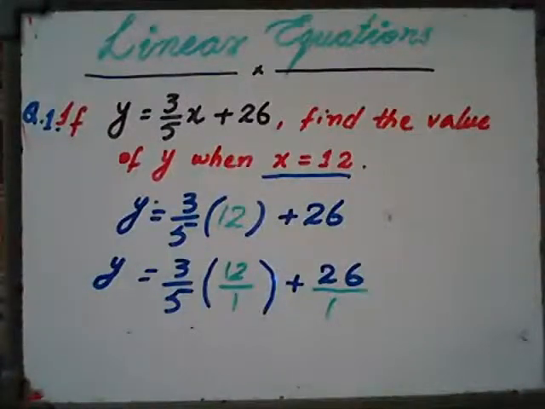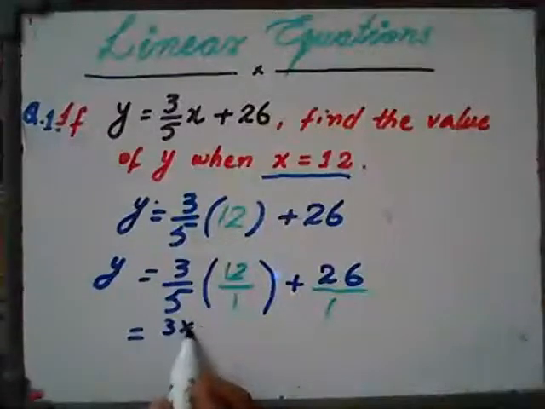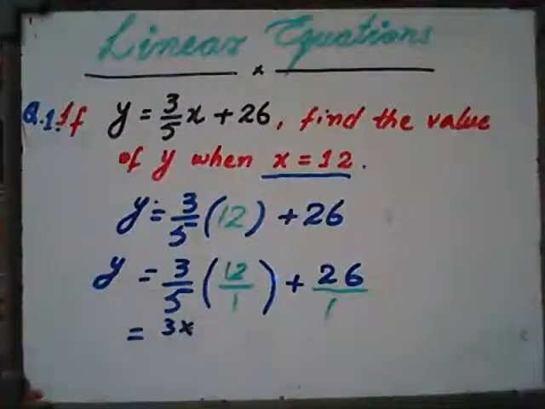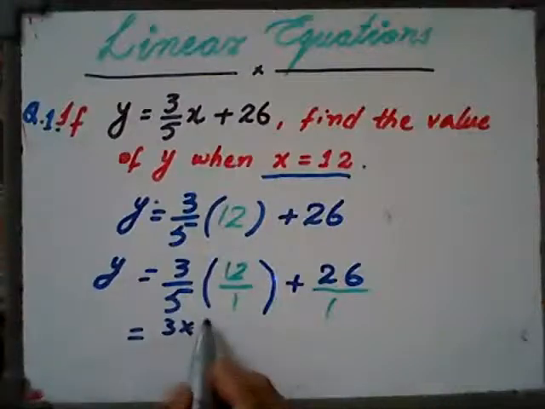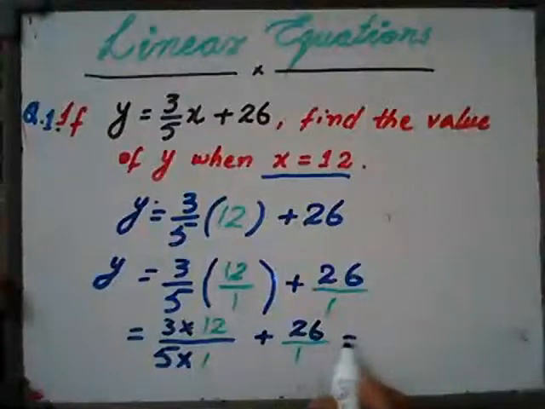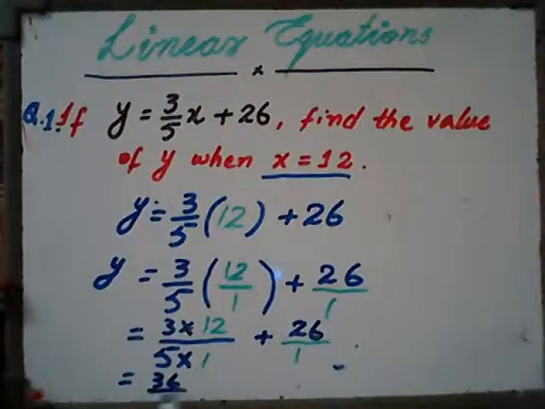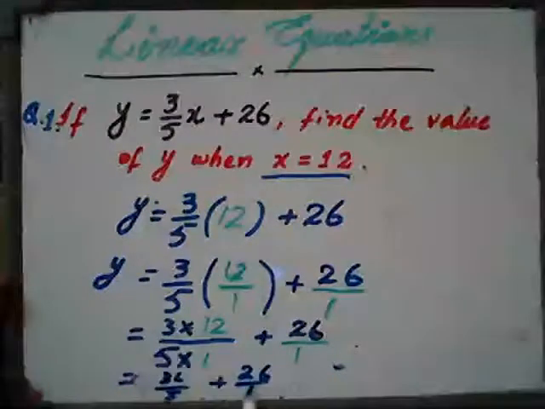So now, how will we solve? We'll be putting the values, multiplying the values. It will give us 3 multiplied by 12, because the bracket means multiply. 3 multiplied by 12, and 12 threes are 36 over 5, 1.